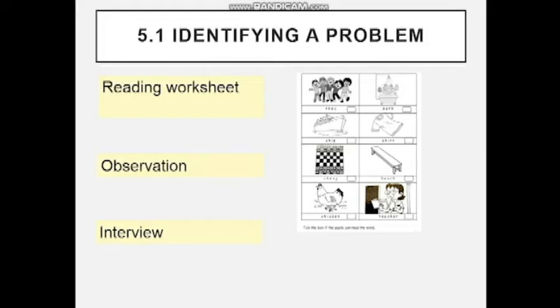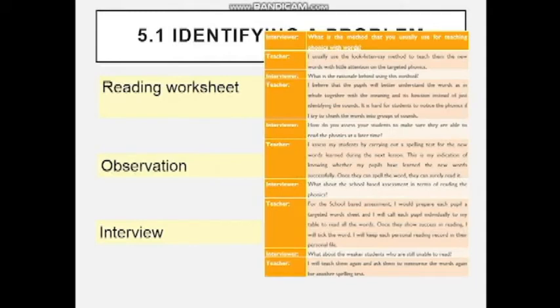We can also get pupils' information, their weaknesses, their learning style, and also get permission to collect the pupils' samples of work. This is a sample of the questions that we have prepared for the interview.